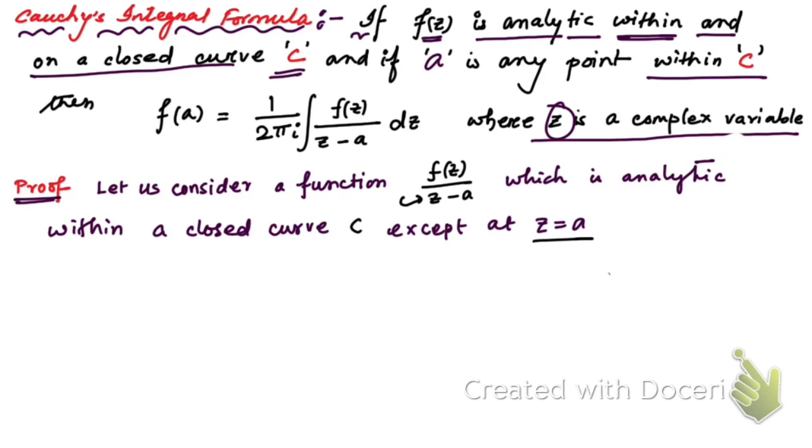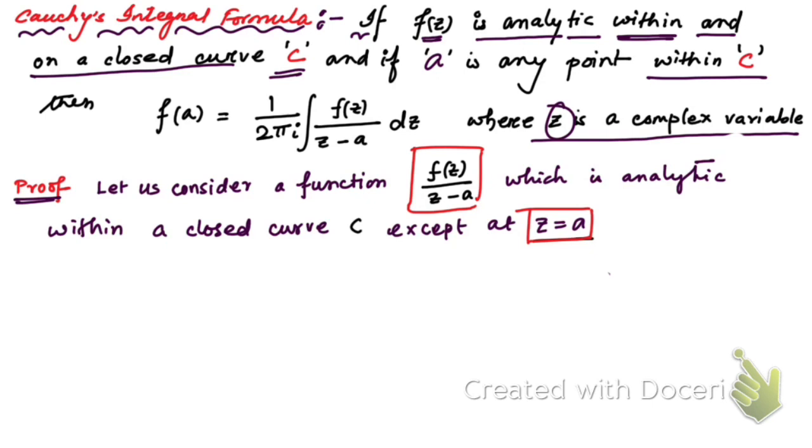If the denominator is 0, then this is not defined, right? So that is why this function f of z divided by z minus a is not analytic at the point z equal to a. So hope you have understood this.